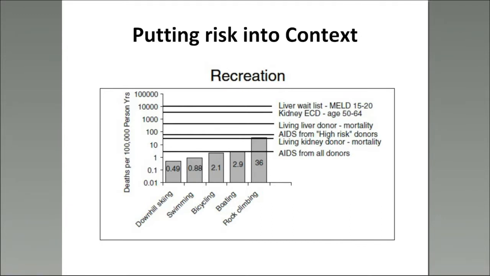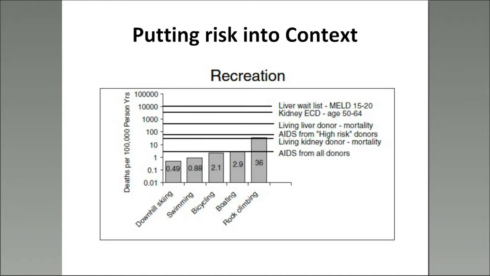This study tried to compare the risk of getting HIV from a high-risk donor, and assuming that you died if you got HIV from a high-risk donor, versus dying from other things that people normally do. They tried to contextualize the risk, and you can see that the chance of getting HIV from a high-risk donor and dying from that is very similar to rock climbing on a regular basis for a year.